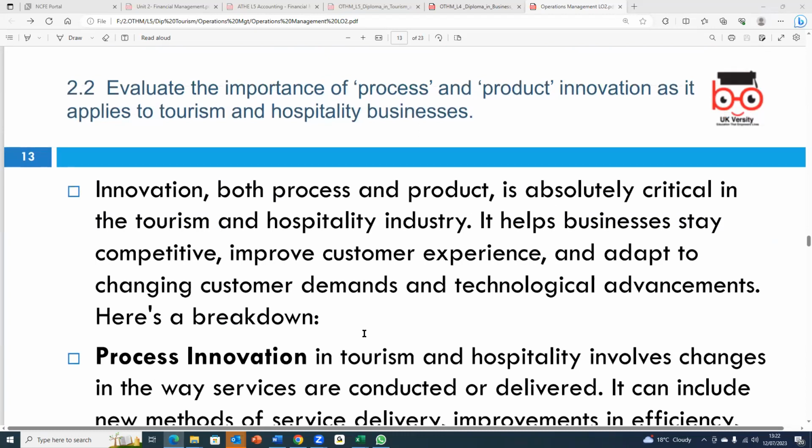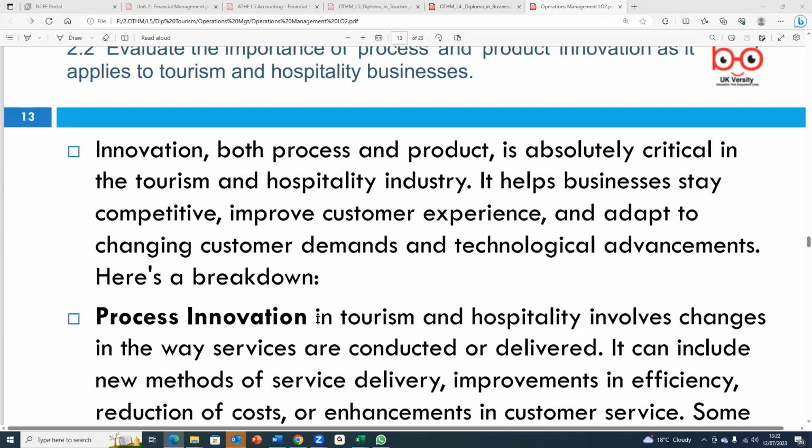Innovation helps businesses to stay competitive, to improve, making sure that it is something new, maybe unique, maybe different from other people, adopting new ways of doing business so that you're better than the competitor, because customers, of course, all the time want to look at new things.